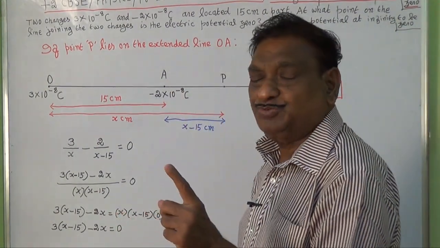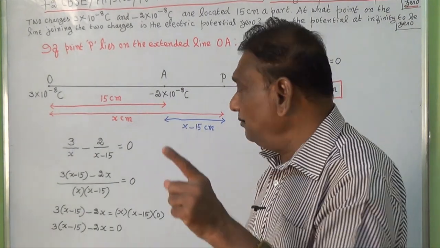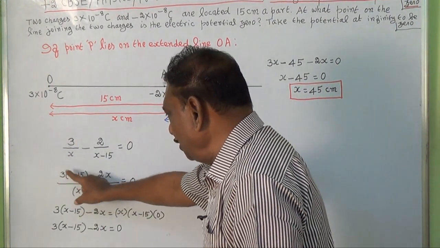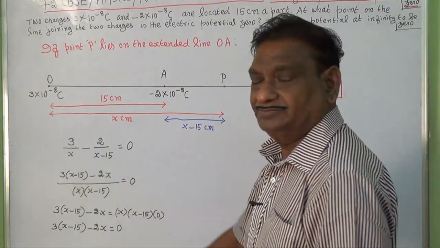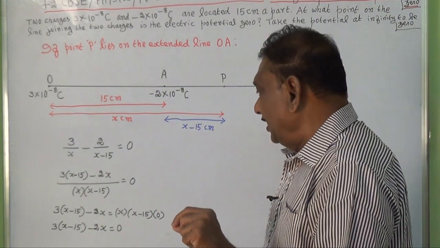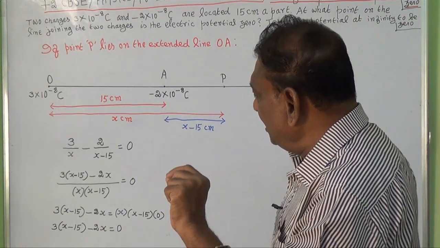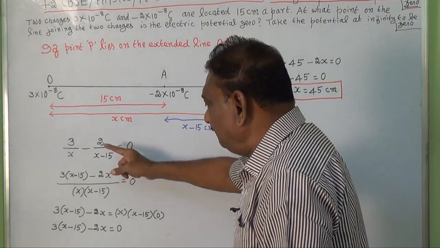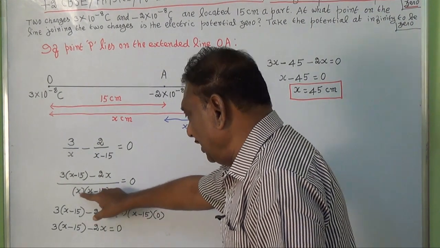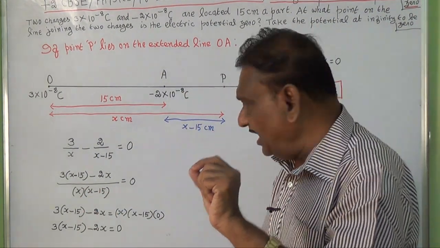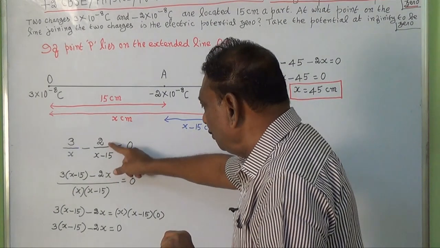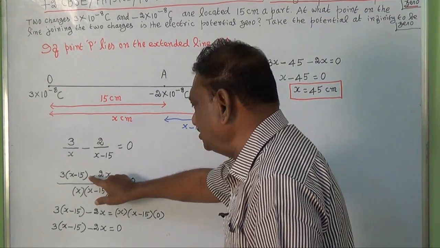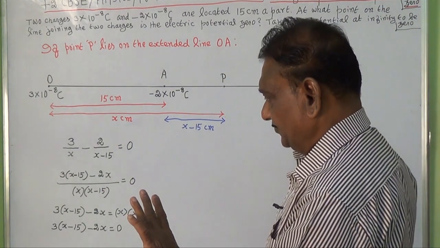The obtained x minus 15 will be multiplied by 3. Thereby we get 3 into x minus 15. Then if we divide the LCM by x minus 15, we will get x. If we multiply the obtained x and 2, we will get 2x. The minus sign is written as it is.